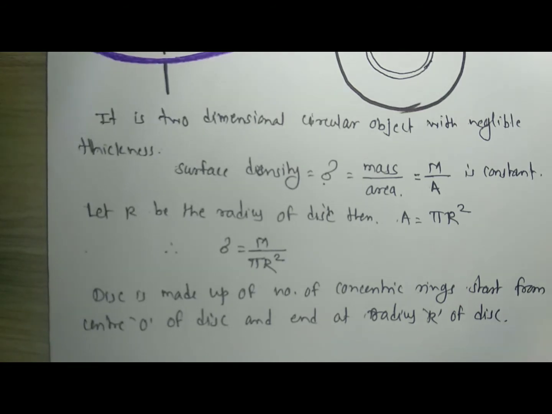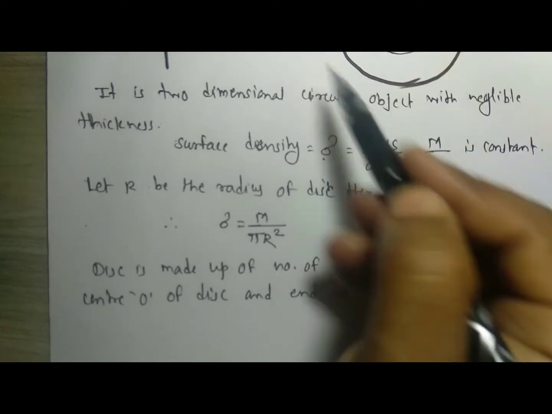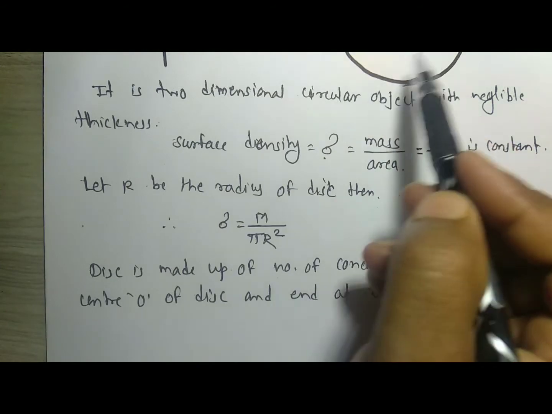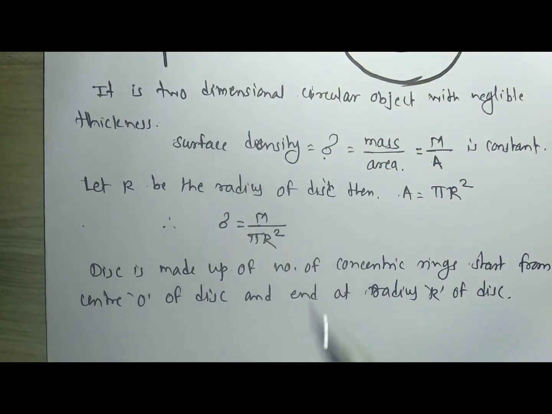And therefore you will get the consideration that the disk is made up of a lot of rings which start from the center and go up to the radius of that disk.